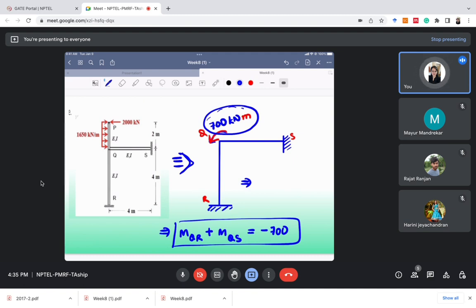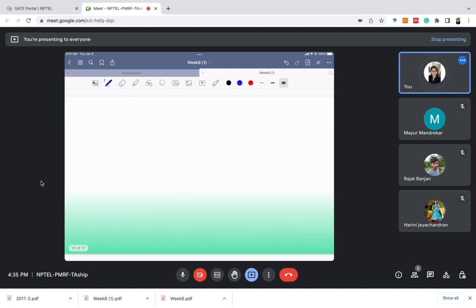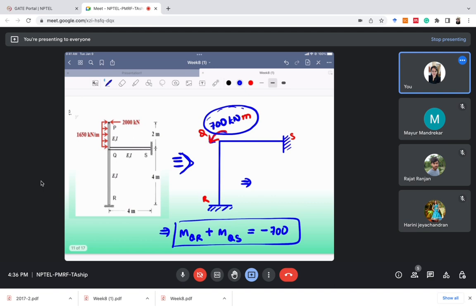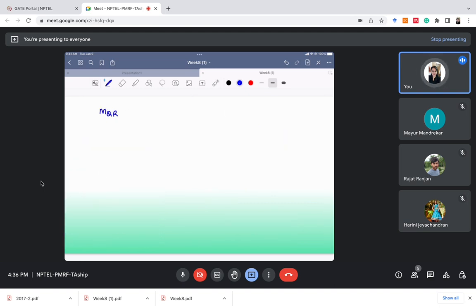So let's solve these things. So MQR. What will be the MQR value? MFQR plus 4EI theta Q by L plus 2EI theta R by L minus 6EI delta over L square.